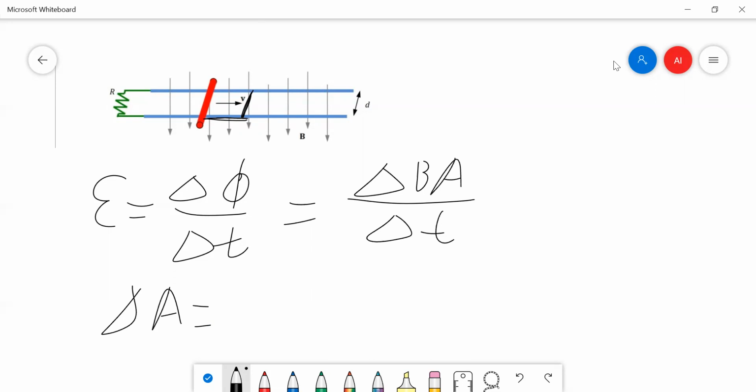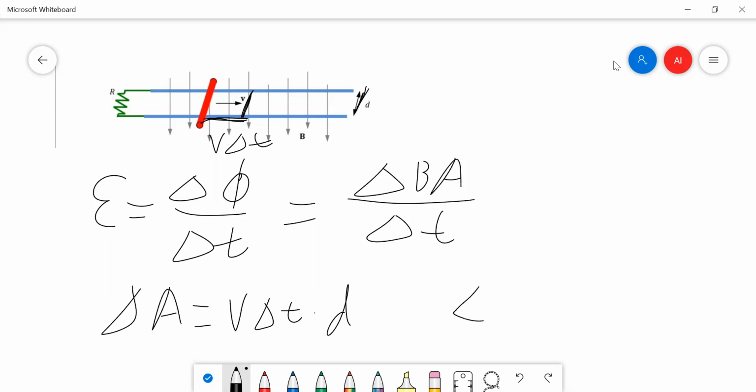Velocity times time is distance, so that would be this. Let me write that: velocity times change in time. And then this is obviously our D value. So delta A is equal to V times delta T times D. We can substitute that back in, and we already have the delta T on top and bottom, so we can cancel that out.